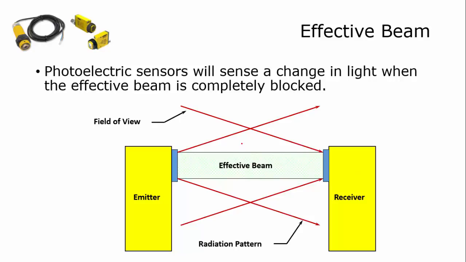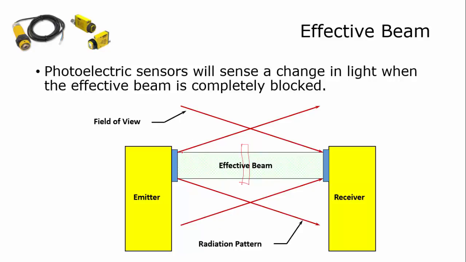You have to block the entire effective beam before the sensor will sense. You see that we have a radiation pattern from the emitter, so light's coming out in all directions, and then the receiver has a field of view, so the receiver can see at a variety of angles.